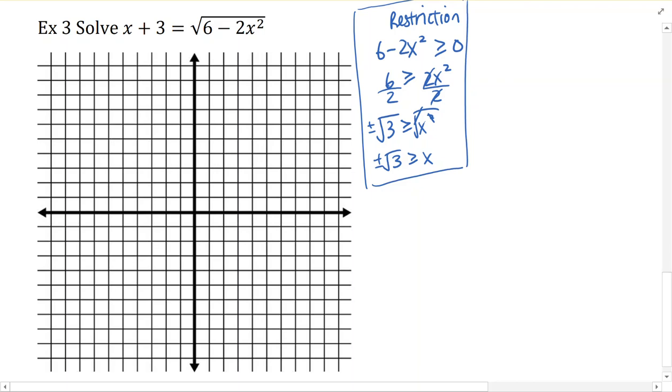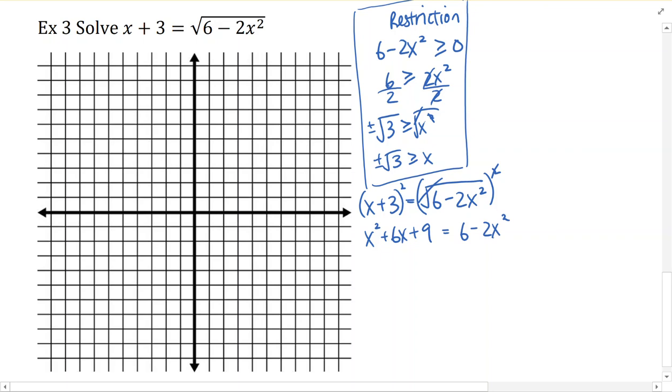Now let's solve algebraically. We have x plus 3 equals the square root of 6 minus 2x squared. First off, let's square both sides so the roots are gone. Let's expand this. So we have x squared plus 6x plus 9 equals 6 minus 2x squared.